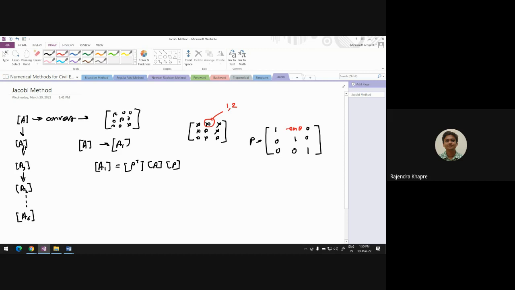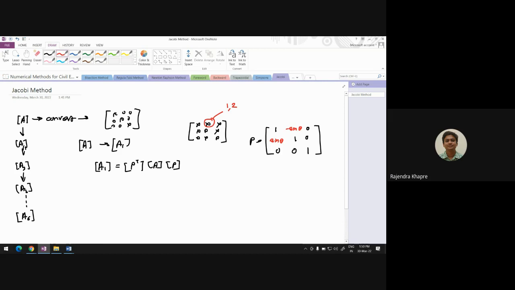So where we are eliminating, we have to write minus sin theta. Now remember the location is first row and second column, that is 1 and 2. You reverse that, that is 2 and 1, second row and first column. Which is this location, this one. In that particular location you have to write sin theta.